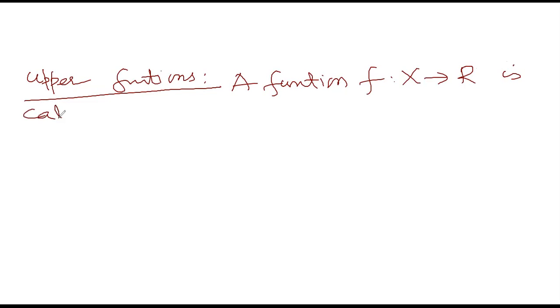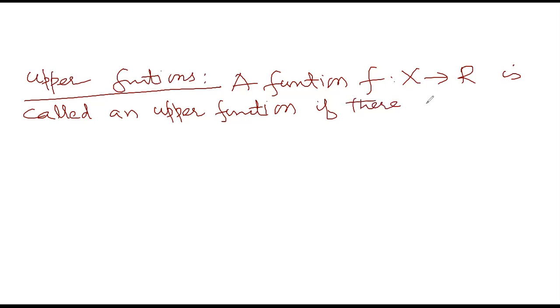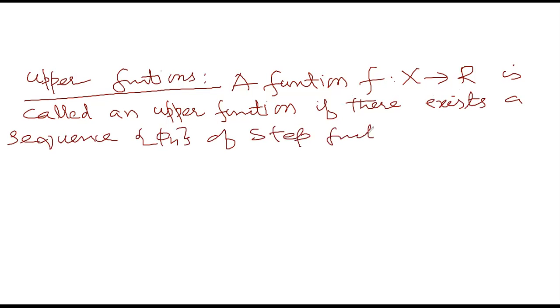A function f is called an upper function if there exists a sequence phi n of step functions such that it satisfies the following two properties.